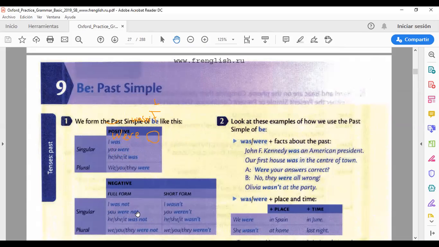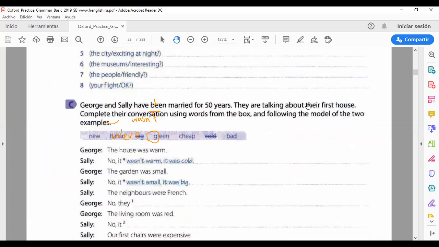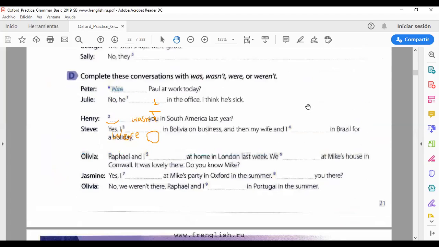You were not, okay? So now I'm going back over here. I'm going to erase that. Now I'm going to change color. I'm going to use yellow. Yellow, okay. Were you in South America last year?